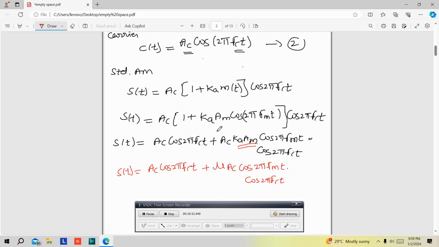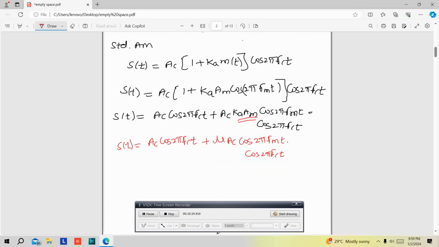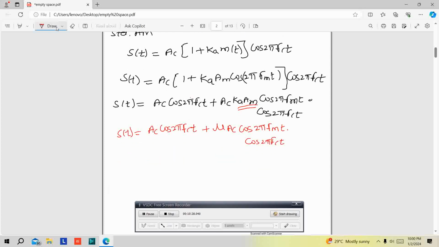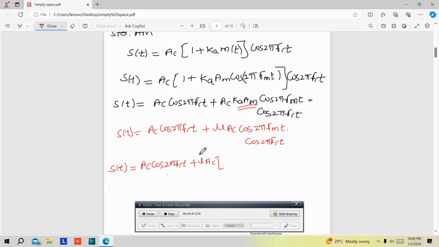Now look here, it is in the form of cos A cos B. The first term keep as it is, Ac cos(2π fc t), then apply the cos A cos B formula, which says it is 1/2 cos(A minus B) plus 1/2 cos(A plus B). Observe carefully which is A and which is B. Consider the carrier frequency as A because it is a high frequency signal.